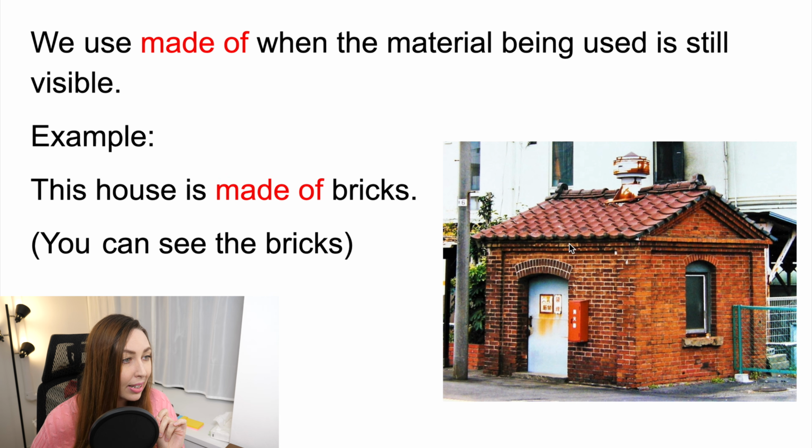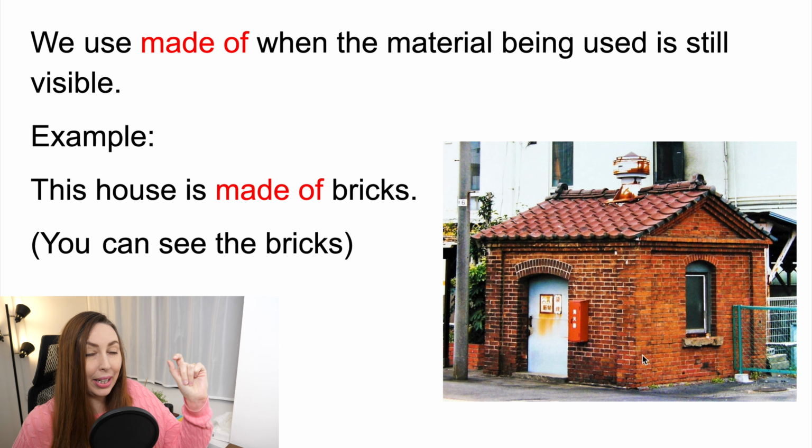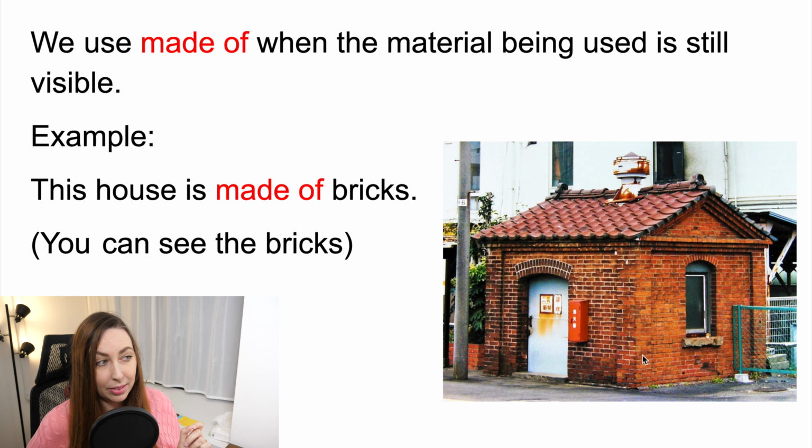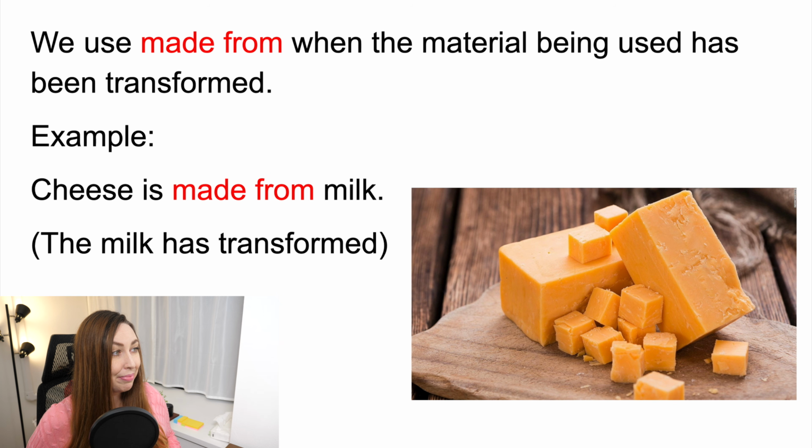So if we look at this brick house, you can see the individual bricks. They haven't been changed in any way. Every single brick is visible. Made of is used especially when the original material hasn't been changed that much. Let's take a look at the next one.